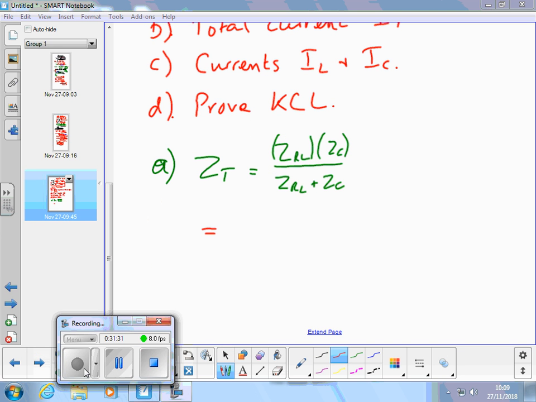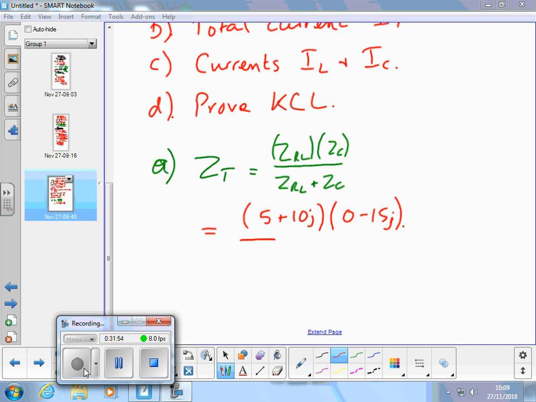Because of the complex number arithmetic, on the top line here we've got ZRL, which is 5 plus 10J. We multiply that by ZC, which is 0 minus 15J.